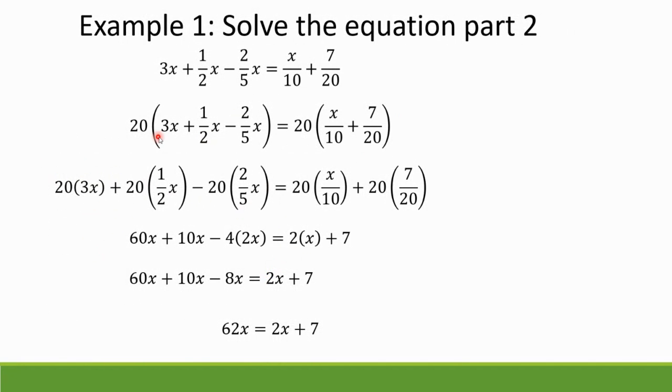Big deal. Now what? Well, we multiply both sides by that 20. And what's going to happen, as you'll see, is these denominators are going to vanish. Multiply both sides by 20.